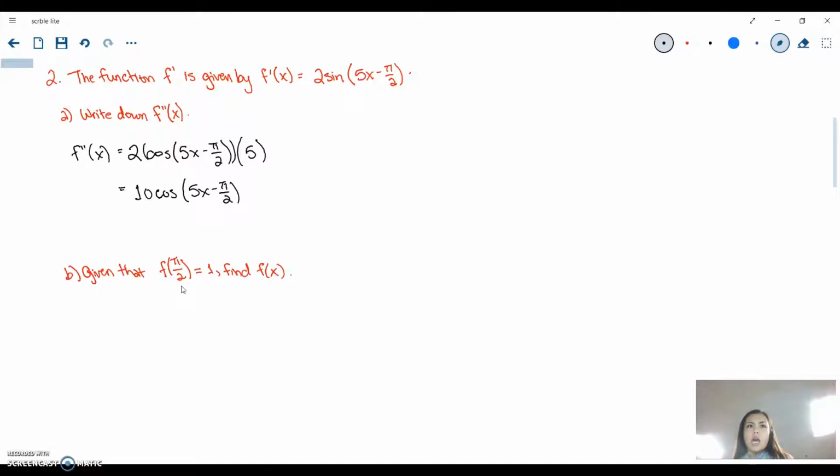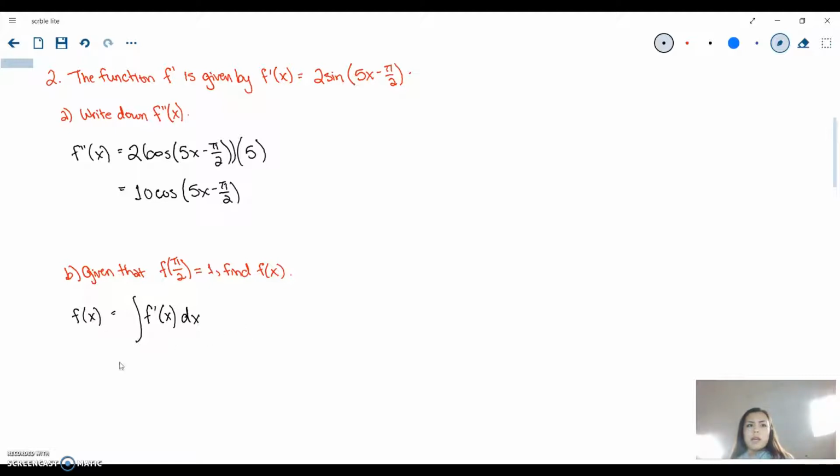Well, we have the derivative already. So in order to find the antiderivative, we put f of x equals the integral, the antiderivative of f prime x dx.